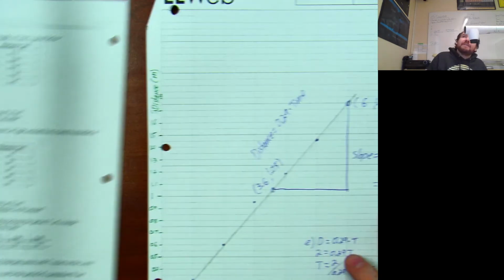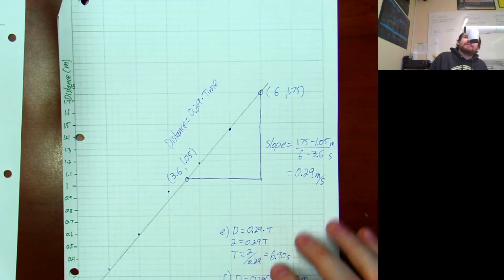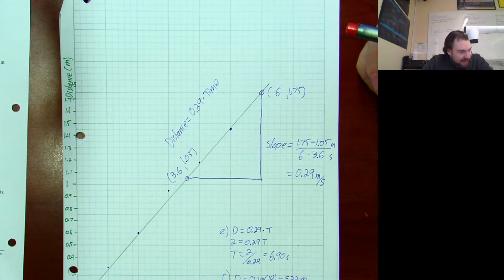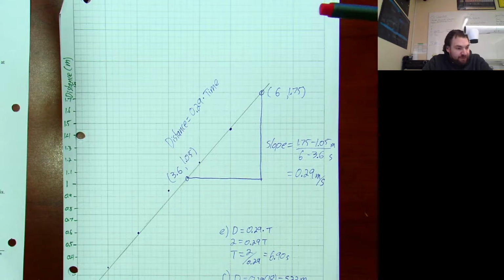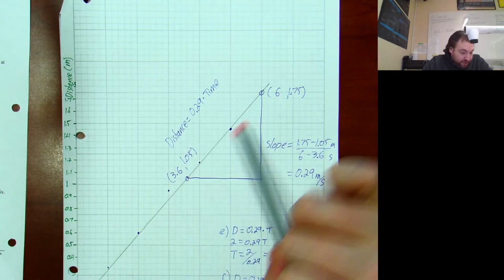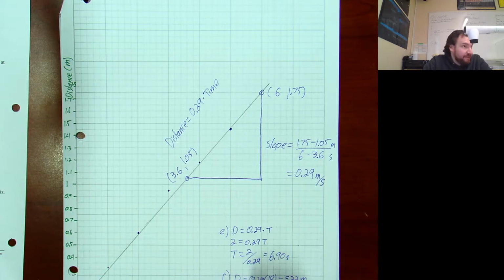So here's the plotting of my data. 0, 0 in this case would make a lot of sense at time 0. This thing hasn't moved yet. So I included 0, 0 as a data point, which also happened to be my y-intercept based on my line of best fit. I drew my line of best fit.